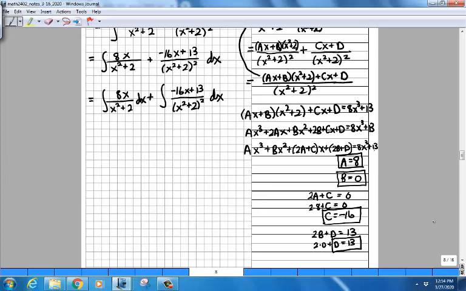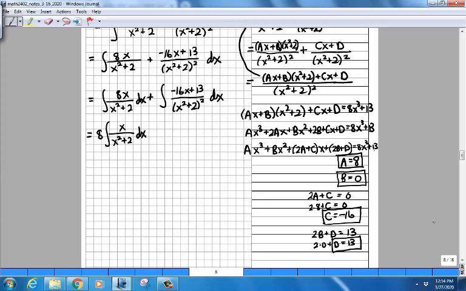And I think for both of these we have some idea of how we can treat them. So let's take the first one, 8x over x squared plus 2. I would first factor out the 8 from the numerator, so you would have x over x squared plus 2. And now I think we can integrate this by substitution, because x is part of the derivative of x squared plus 2.